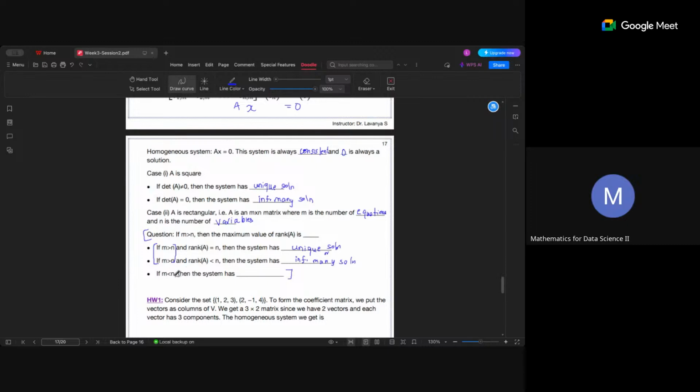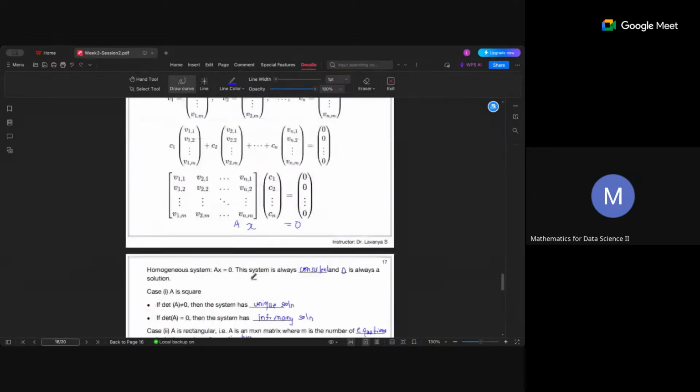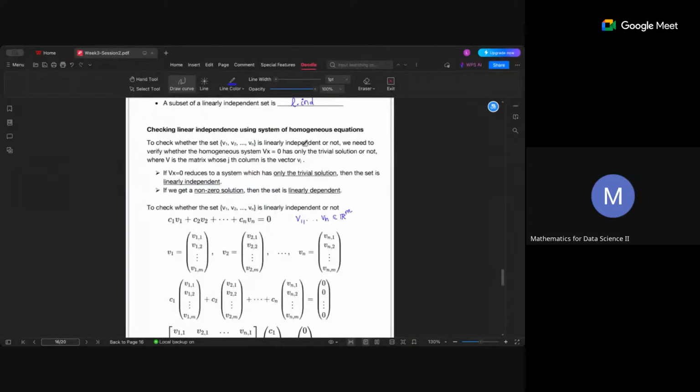But if m is less than n, we have already seen this scenario today. If m is less than n, you will definitely have infinitely many solutions. So this is what you should know about the solutions of Ax = 0. Only if you know this can you answer the independence part.